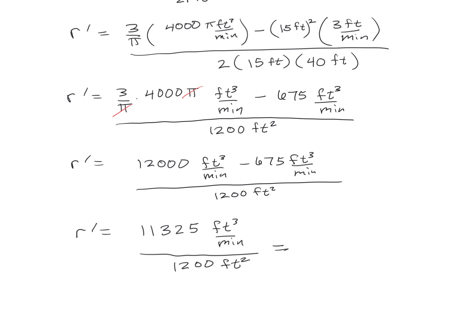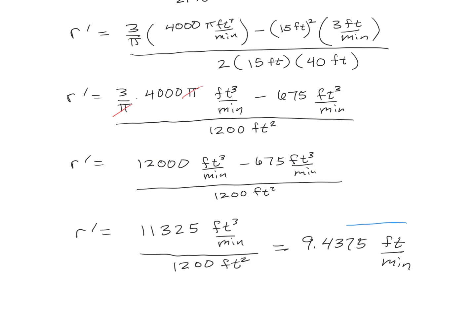You will notice that the units will work out perfectly, because if I take cubic feet and divide by square feet, I just get linear feet. And if I divide this out, I'm going to get the decimal 9.4375. And again, those are going to be feet per minute, which makes sense for a rate of change of a radius.